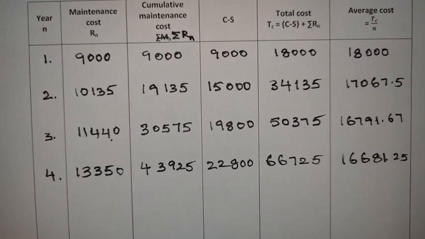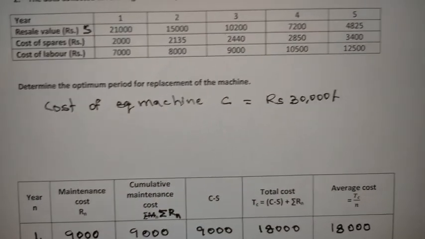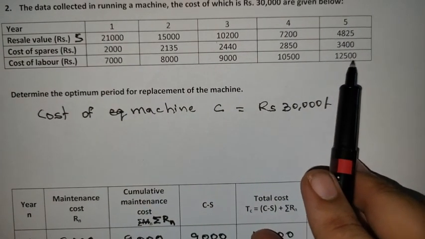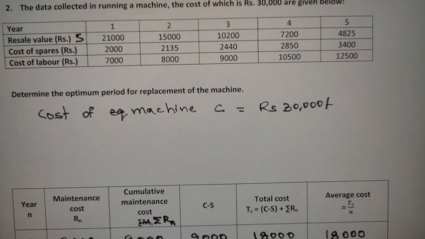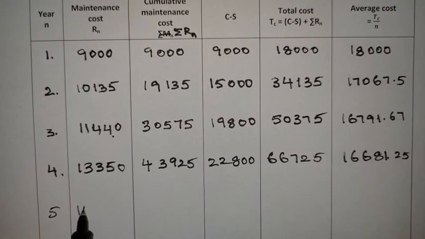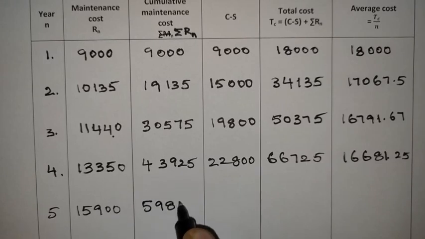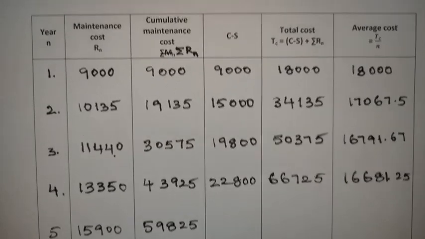Next, let us find the average cost for the fifth year also. What is the maintenance cost in the fifth year? 3,400 plus 12,500. You will get 15,900. What is the cumulative maintenance cost? 15,900 plus 43,925, that is 59,825. Then calculate the C minus S value.